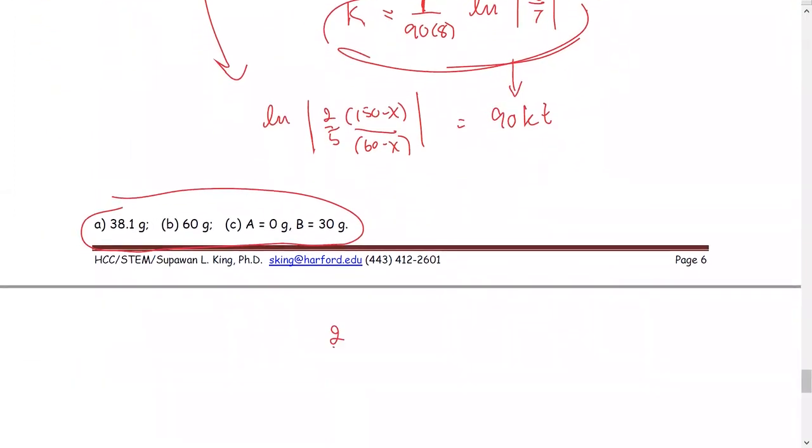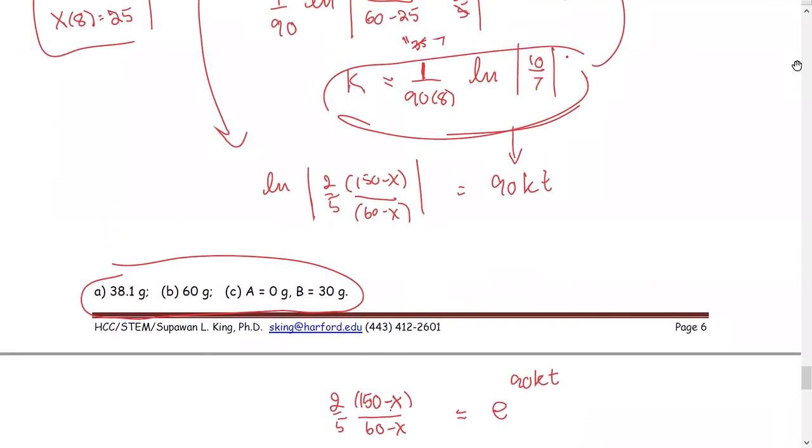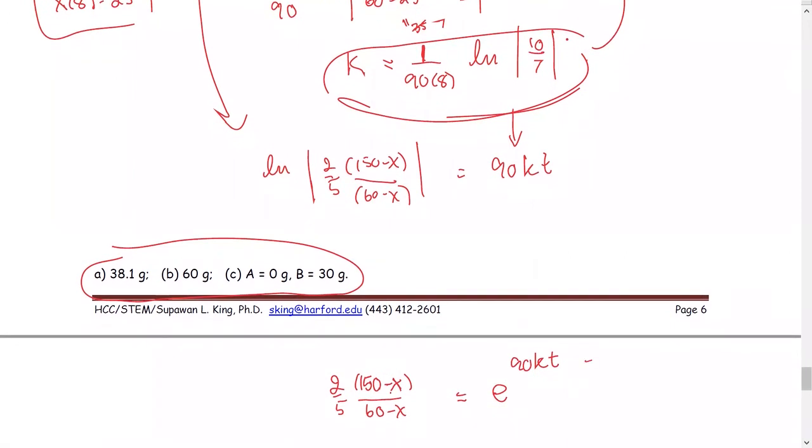Then 2/5 of 150 minus X divided by 60 minus X equals e to the power 90 times K times T. Okay, and it's very nice that the K is in the form of 1/90 times 8 there.